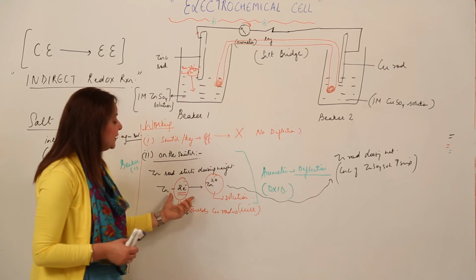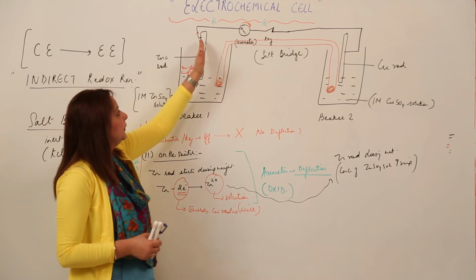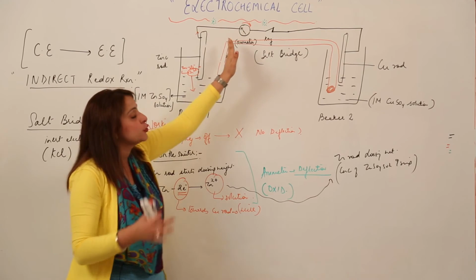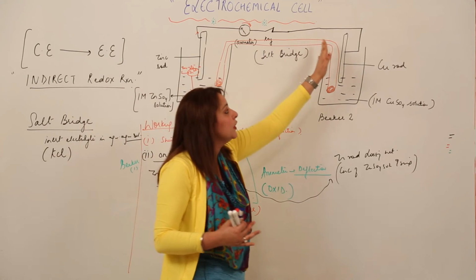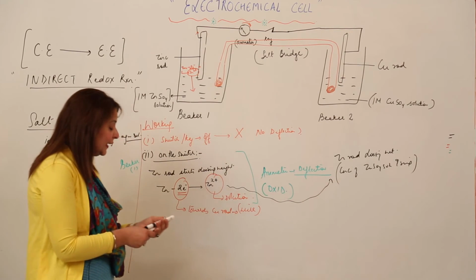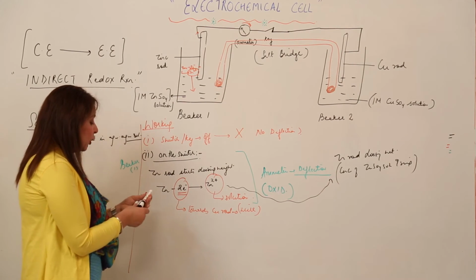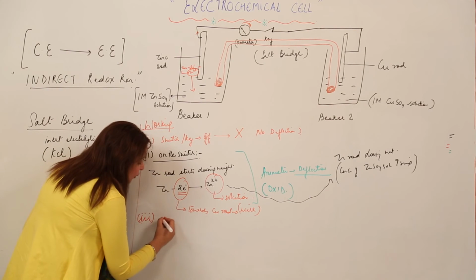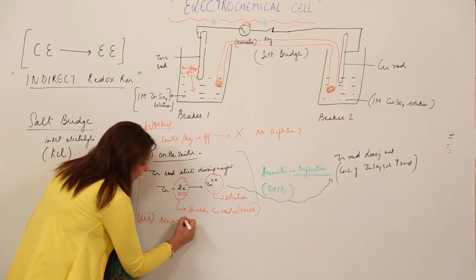And what is the fate of these electrons? They move by means of this wire, and when they move they show the deflection in the ammeter, and they reach the copper rod. Now what happens when they reach the copper rod, or you can say when they reach beaker 2?